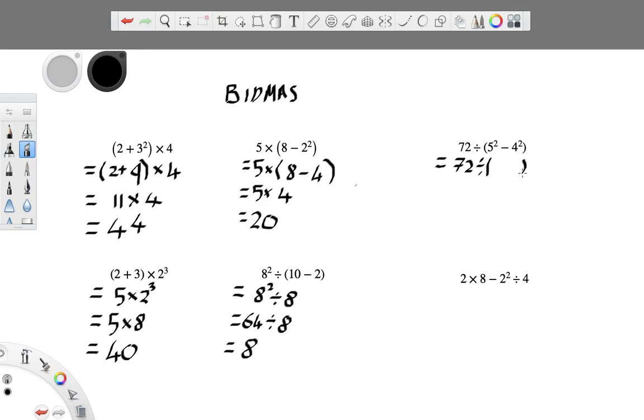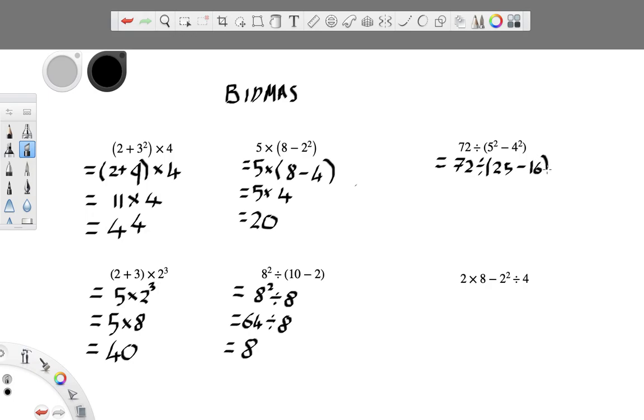Well, obviously that's what we're trying to do, but can we work the value out without working out what 5 squared is, without working out what 4 squared is? No, so we need to do that. So 5 squared is 25, and 4 squared is 16, so it's minus 16.